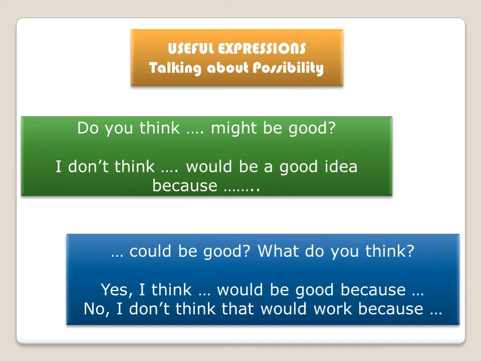What do you think? Yes, I think it would be good because. No, I don't think that would work because. Okay, now students, these useful expressions will be used in the next task, and hopefully you will remember to use them in the next task that we will be going to do.